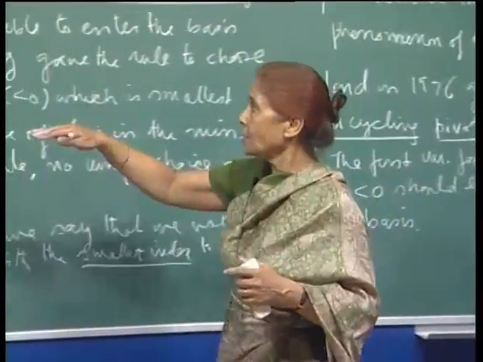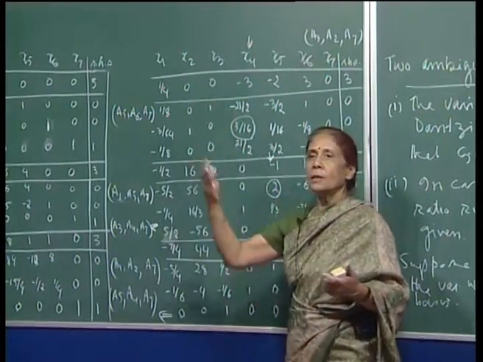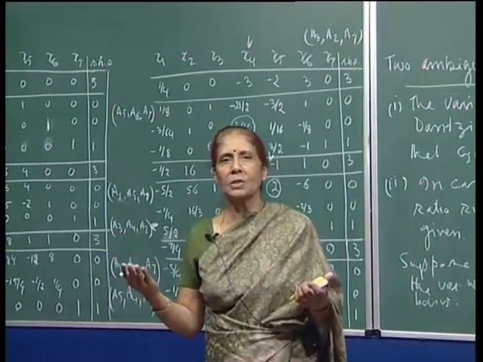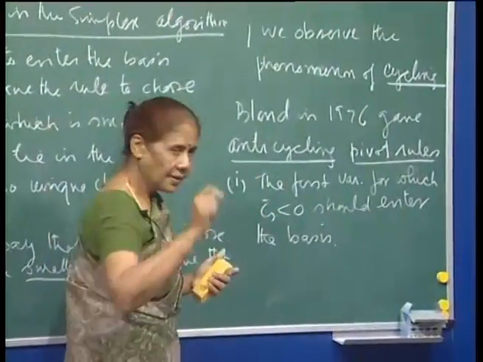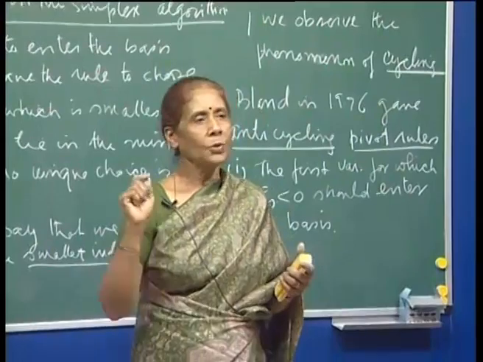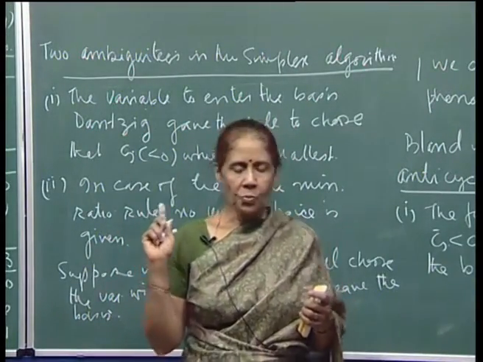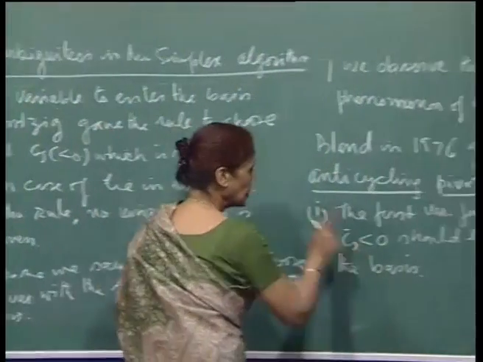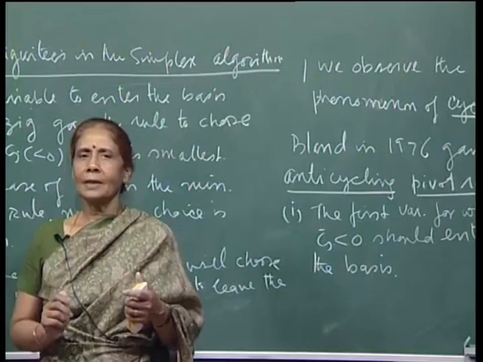First, in the sense that when you scan the top row, looking for whether there is some Cj bar which is negative or not, you stop at the first Cj bar which is negative and you enter that variable. That means it will be the smallest index non-basic variable which should enter the basis, if the corresponding Cj bar is less than 0.